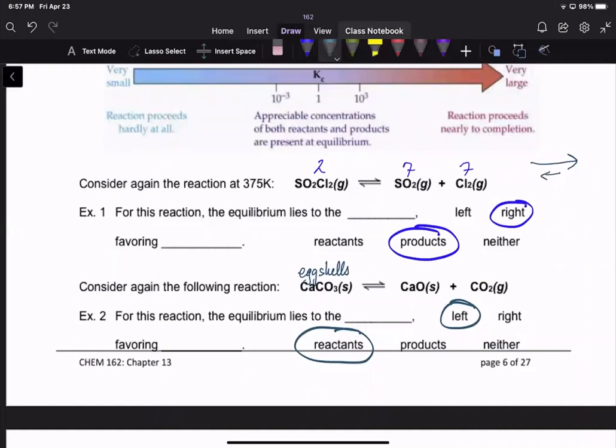Or if it's a very large K, then maybe you would just have a one-way arrow. In the case of the eggshells, this basically would have a back arrow. The forward arrow is so tiny, it's basically not going to react. So that's another way to think about, does it lie to the right or the left? Is it a one-way arrow, or are they both equal? Is everything present?